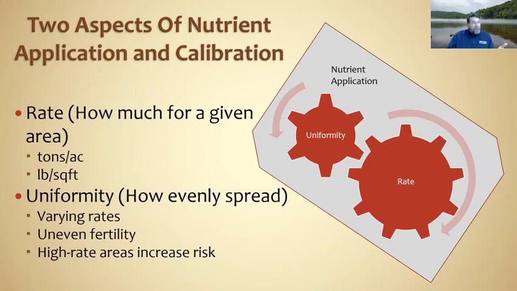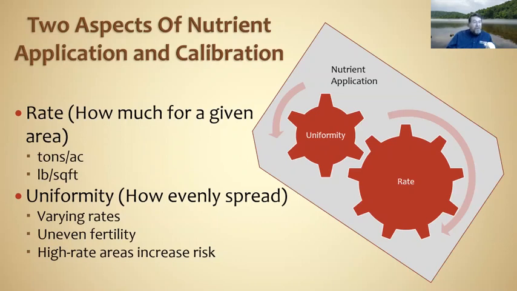That gearbox only works when the gears mesh right and you've got all the gears in place. So for nutrient applications, one gear is uniformity, the other is the rate, and both of them need to be addressed. As I indicated, rate is how much, usually expressed in tons per acre or pounds per square foot. If you're working in small pots, it may be so many ounces per pot.